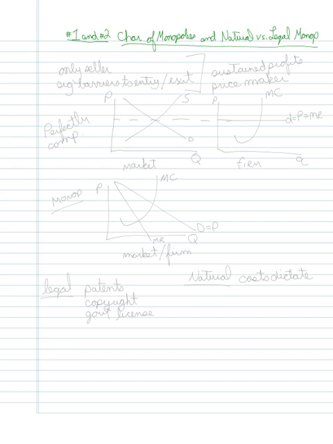So let's start out first with what it means to be a monopoly. What it means to be a monopoly is that you are the only seller. You have complete pricing power. So you are the only seller. There are significant barriers to entry and exit.